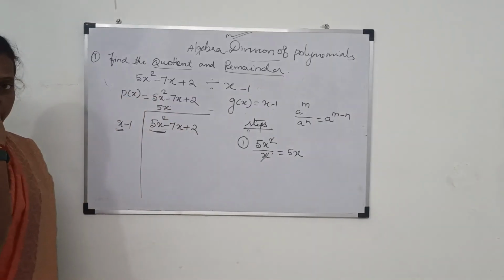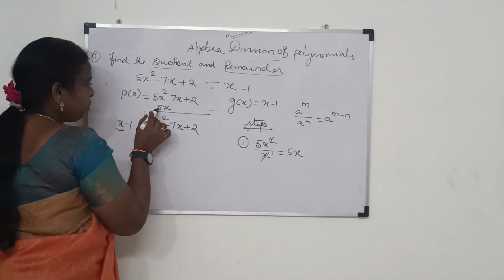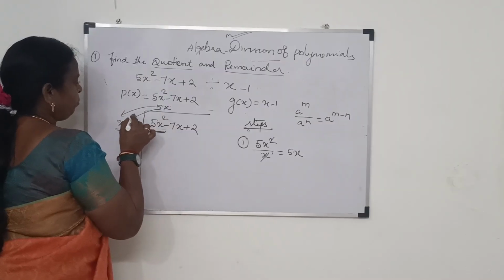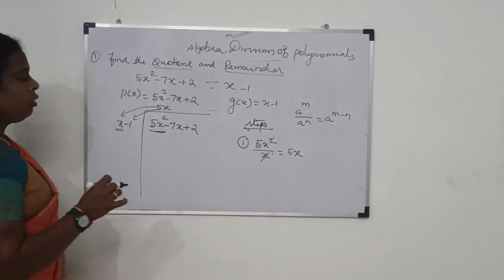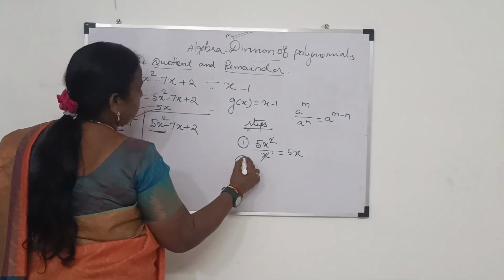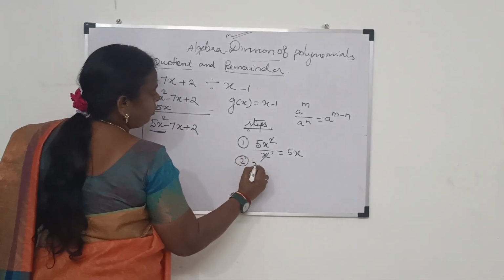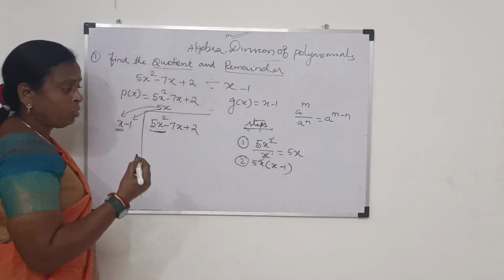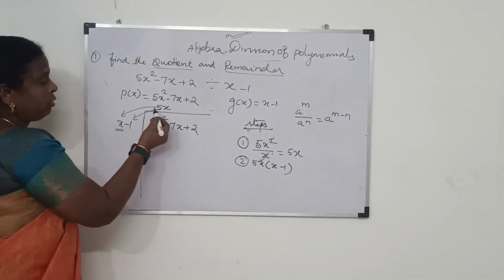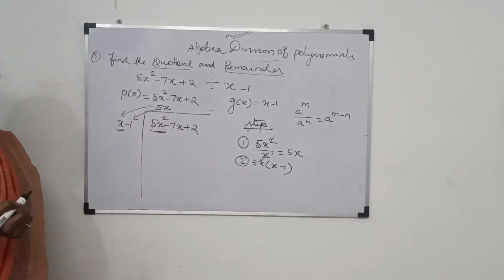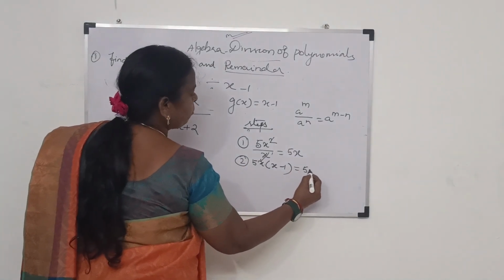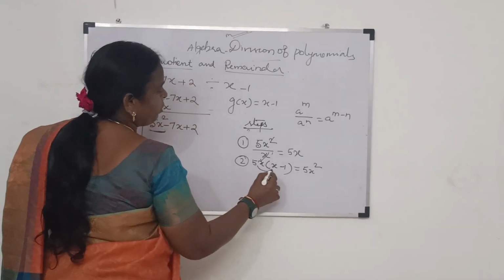So next step, what should be done? We have to multiply this 5x by each term of x minus 1.